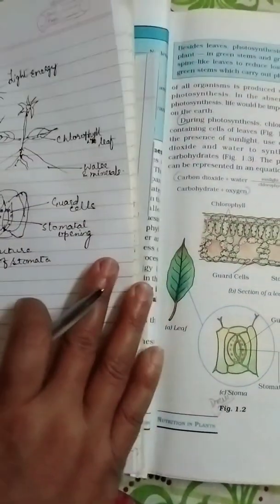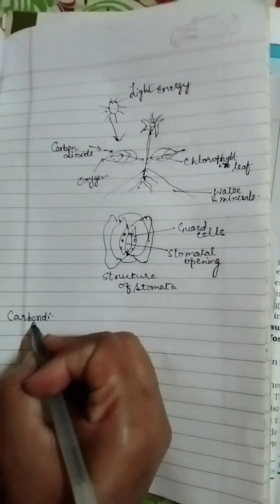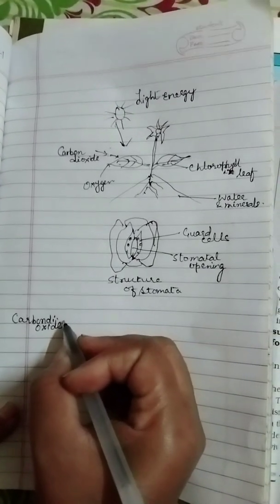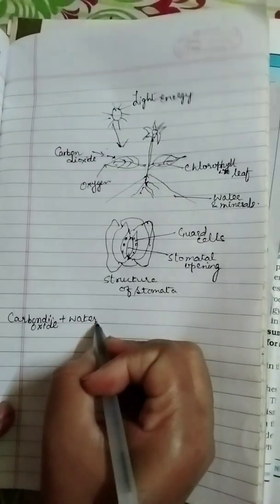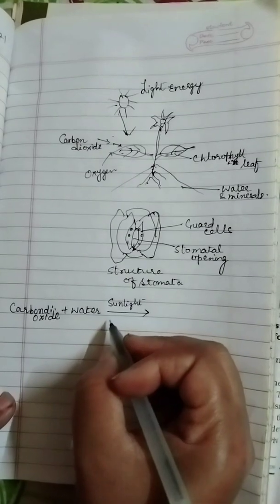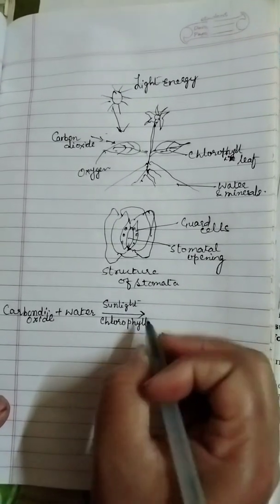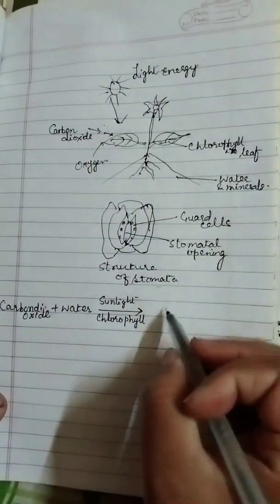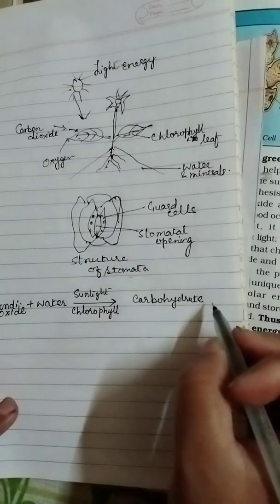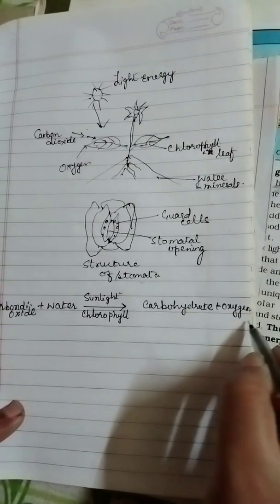The whole equation for photosynthesis is: carbon dioxide reacts with water in the presence of sunlight, because in the presence of light, the green pigment known as chlorophyll captures the energy of sunlight and makes the food known as carbohydrate, and a very life supporting essential gas, oxygen, is evolved during this reaction.